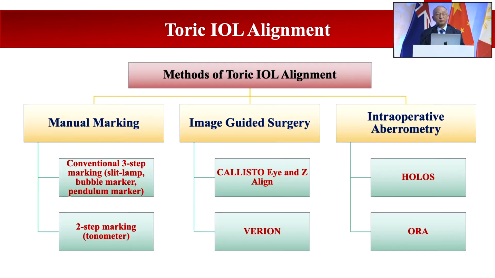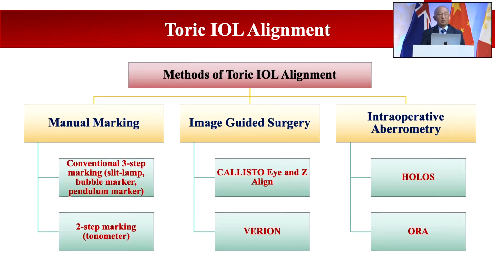What are the various ways to mark the axis onto the cornea and to align? You have manual marking, which many people use, and if you have access to image guided systems, which can be Callisto with the Zeiss system or Verion, the Alcon system, that provides a very simple orientation during the surgery.